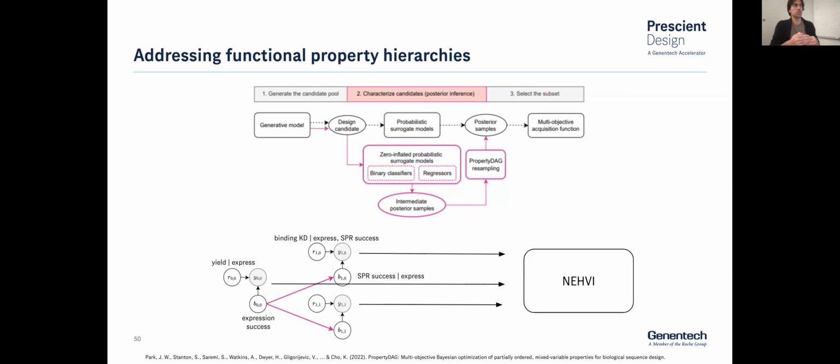And then you'll have this directed acyclic graph that encodes the notion that some assays can only succeed if other assays succeeded before them. And this will induce some joint distribution over these y's, and these y's will be what is ultimately fed into the multi-objective acquisition function.